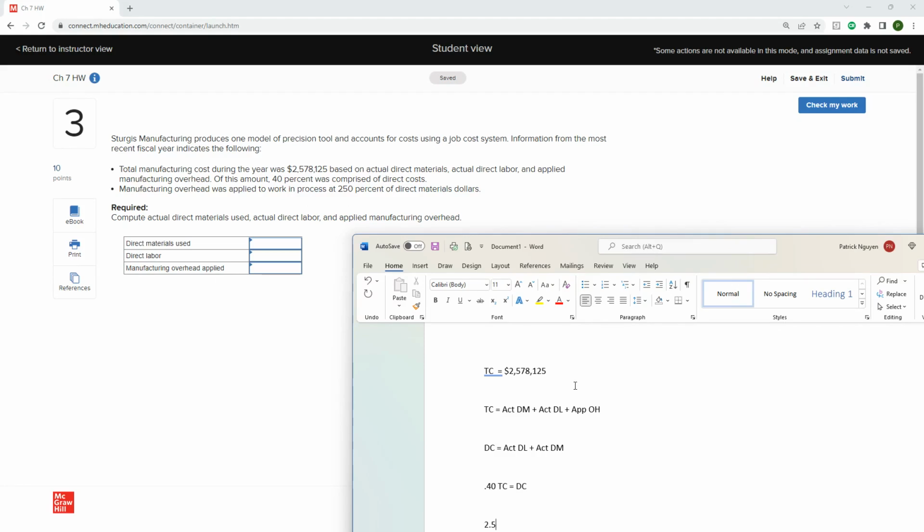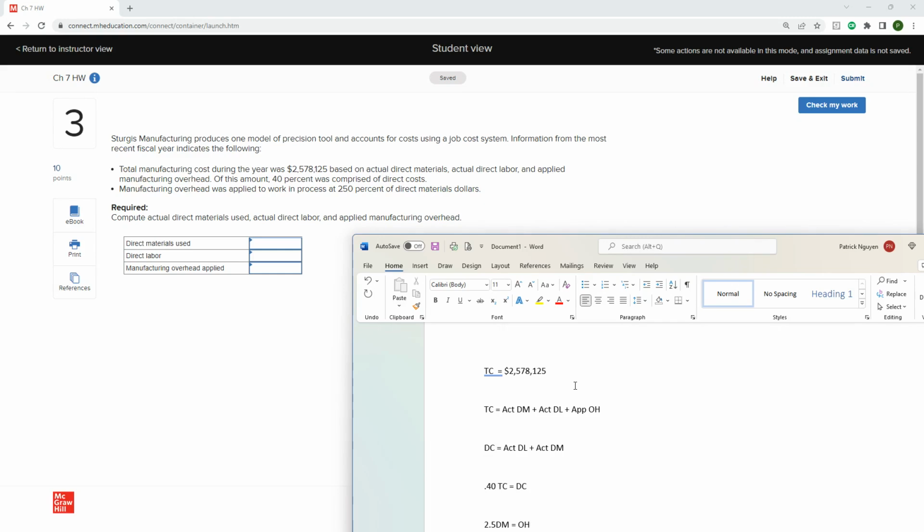Because again, it says manufacturing overhead is applied at 250% of direct materials. So you take 250% times direct materials and you get overhead. And so that's how you would write it out in an algebraic equation. 2.5 dm equals overhead.